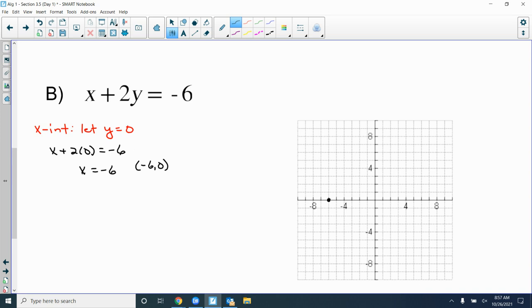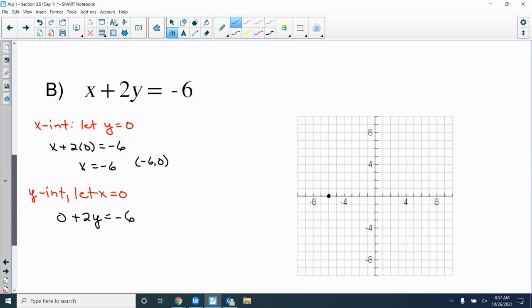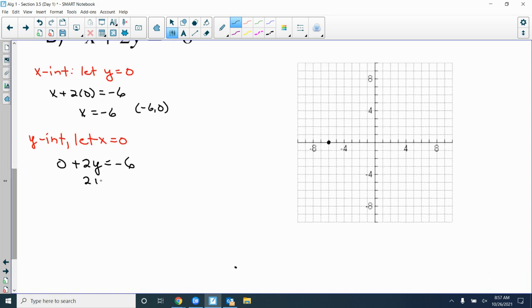Okay, for the y-intercept, let x equal 0. So that's going to give me 0 plus 2y equals negative 6. That gives me 2y equals negative 6, divided by 2. Y equals negative 3.